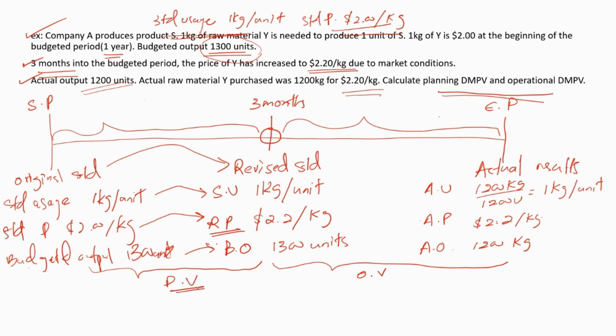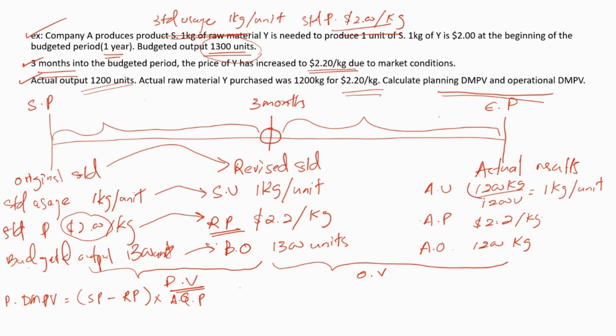So now let's calculate the planning direct material price variance. This is equal to standard price minus revised price. If you can remember, when we calculated the basic variance analysis for direct material price variance, we used the actual price here. But in this case, we are going to use the revised price because this is the planning variance, multiplied by the actual quantity purchased.